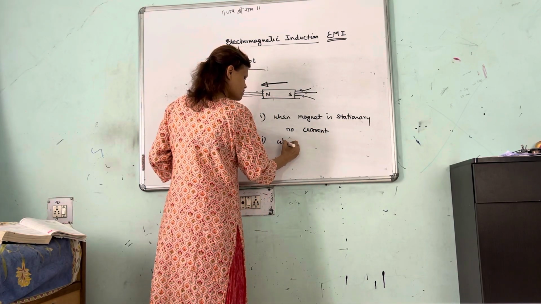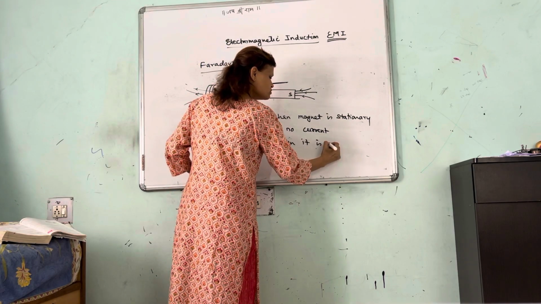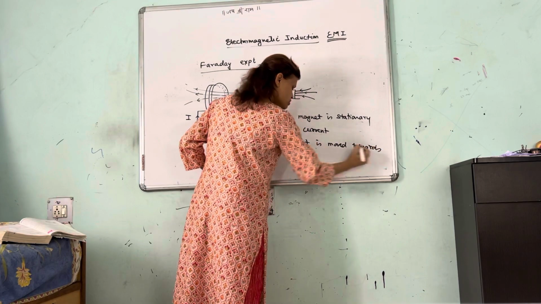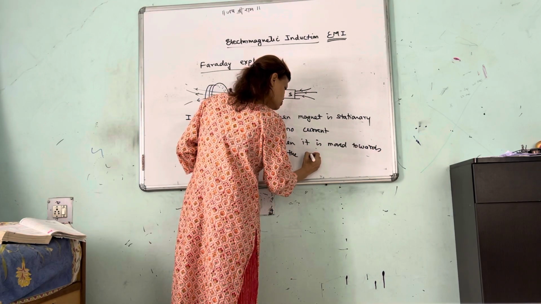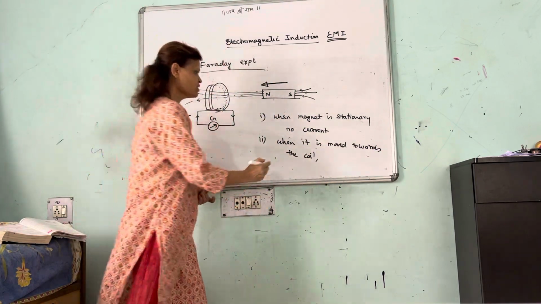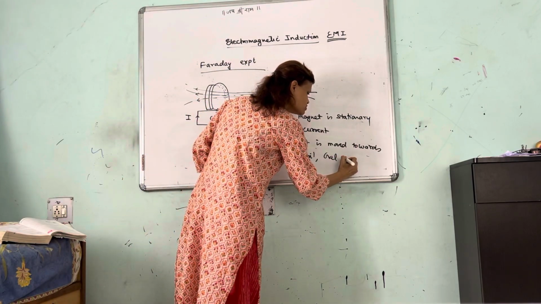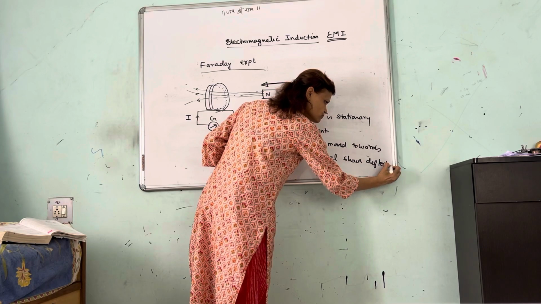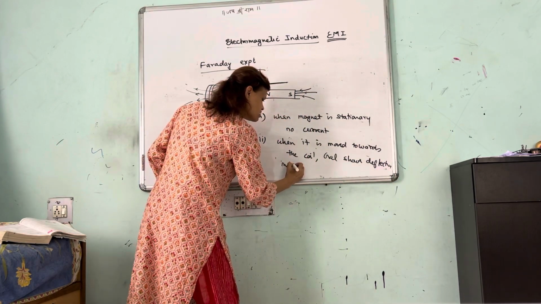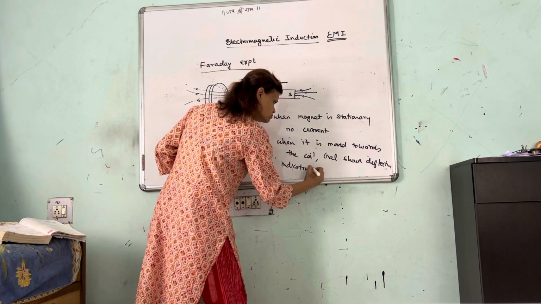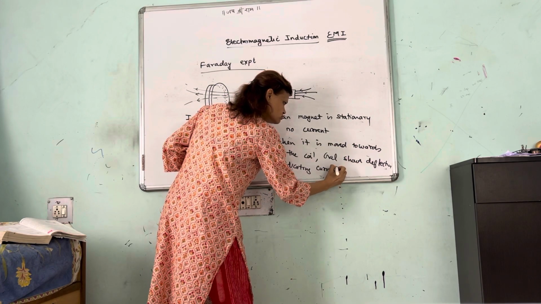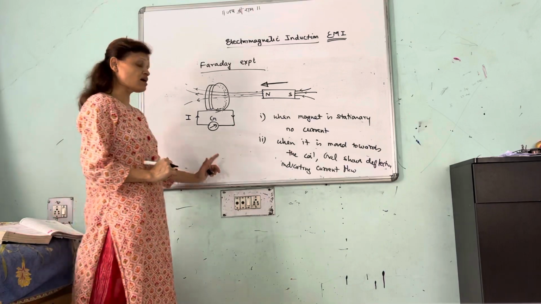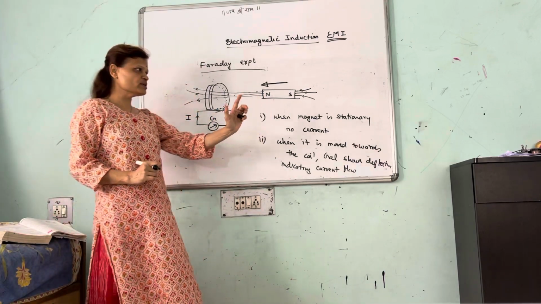Second, when it is moved towards the coil, the galvanometer shows deflection, indicating current flow. But yes, this current is momentary, lasting only while we move the magnet.